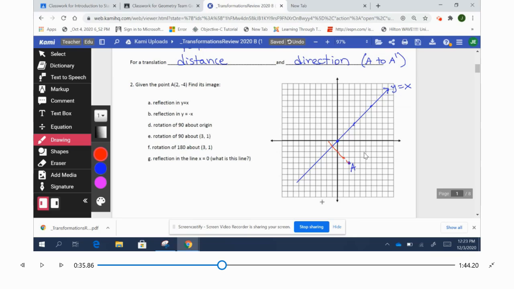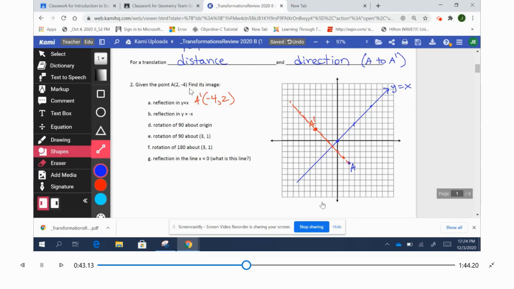This has a slope of 1, so A prime should travel at a slope of -1 from A. So I'm going to go up 1, left 1. Now I'm going to go too far, and then I'm going to come back and count. After I establish a direction, then I come back and count a distance.